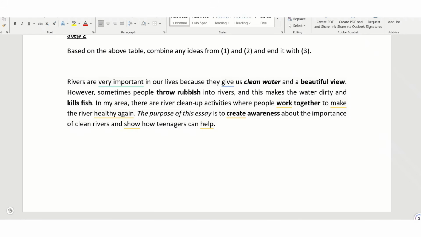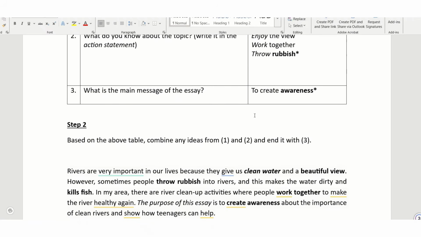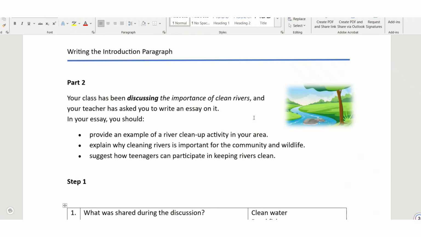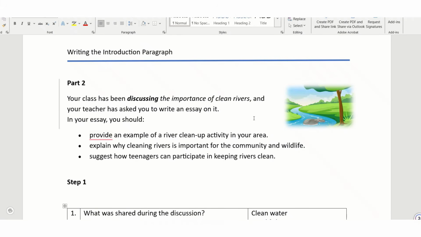Right. Okay. So that is what I want to share with you in this worksheet, some of the ways that you can help the students to think about how to write the introduction paragraph using the keyword in the question, the word discussion over here.